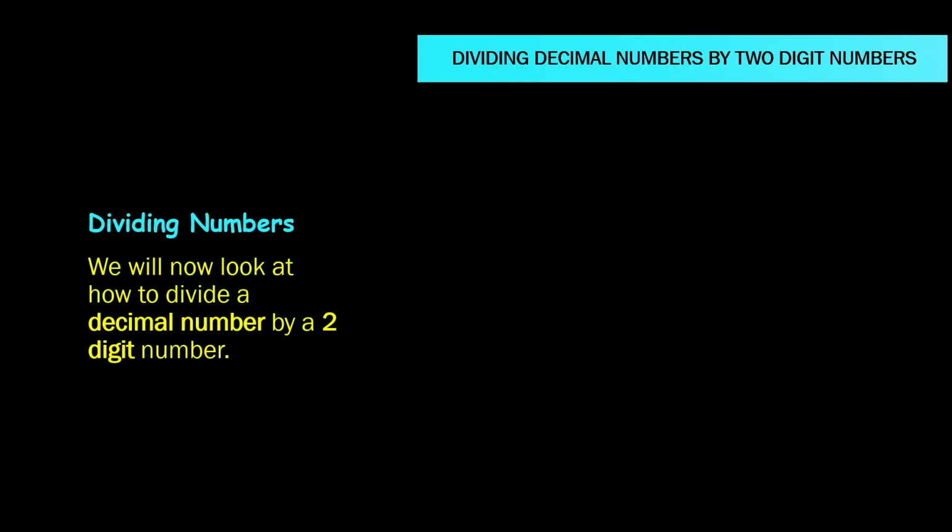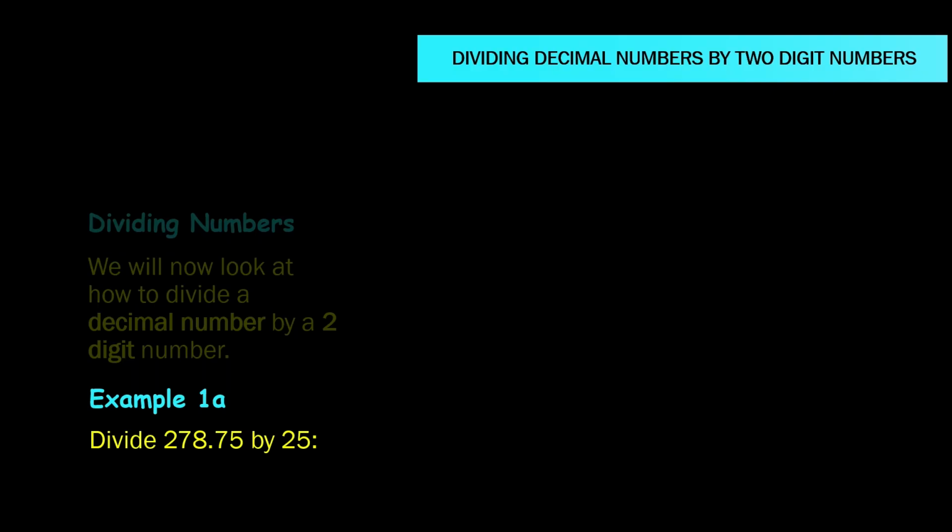We will now see how to divide a decimal number by a two-digit number. Let's look at an example. Divide 278.75 by 25. Set up the division as shown and begin on the leftmost end of the five-digit number.